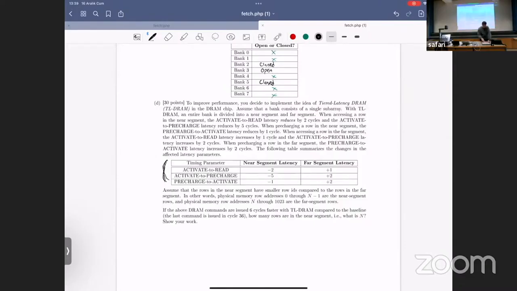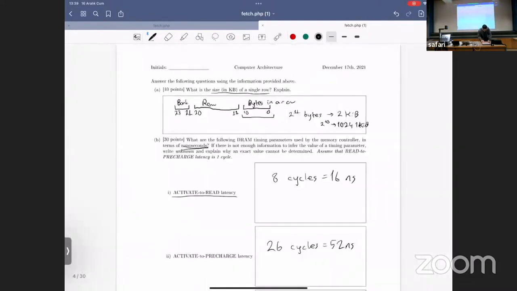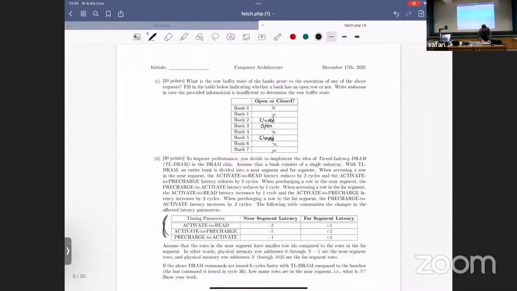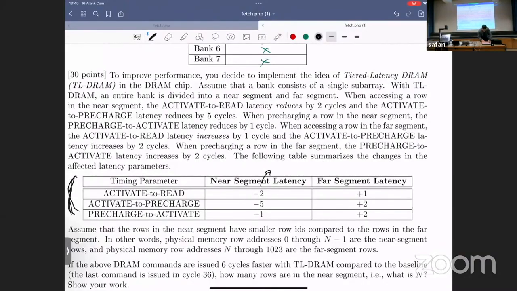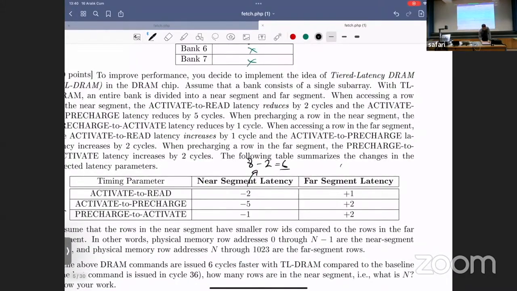What it says is basically if you're accessing a row in a near segment, your activate to read latency is now not 8 cycles, but 6 cycles. So you deduct 2 from 8 and you get the new latency. If it was targeting a far segment, now it's 8 plus 1, 9 cycles.